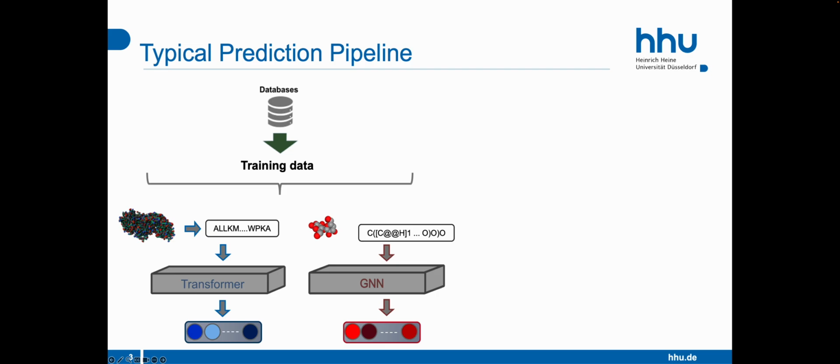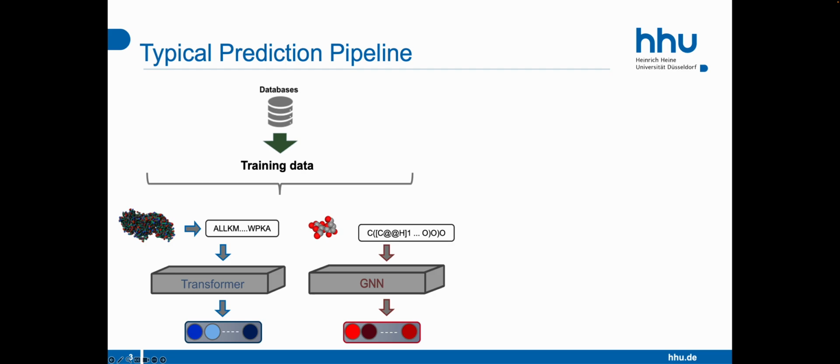For representing the protein, we can use pre-trained transformer networks with the protein amino acid sequence as the model input, and to generate a representation of a small molecule, we have seen that we can use the SMILES string to calculate numerical representations using either traditional fingerprints or graph neural networks or transformer networks. Here I listed graph neural networks as an example.